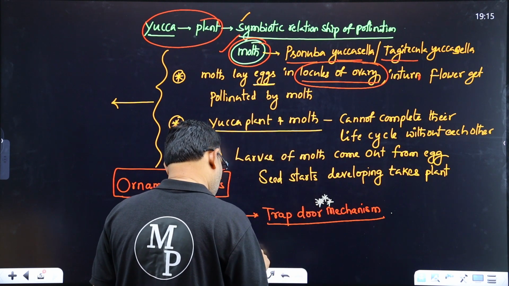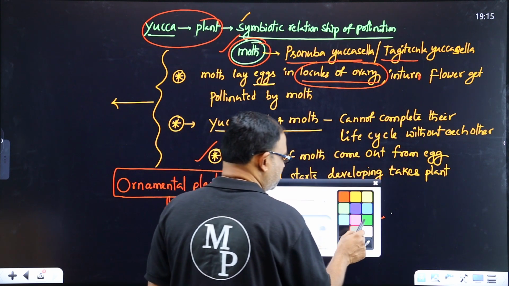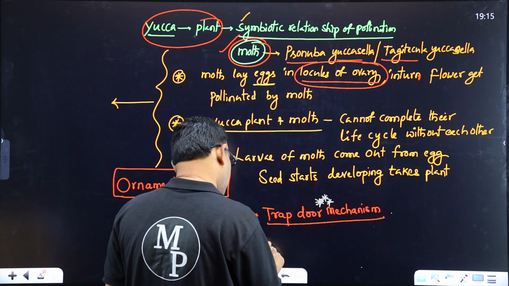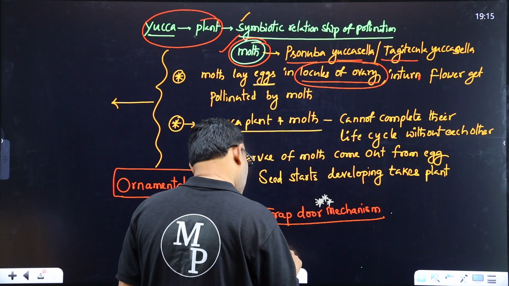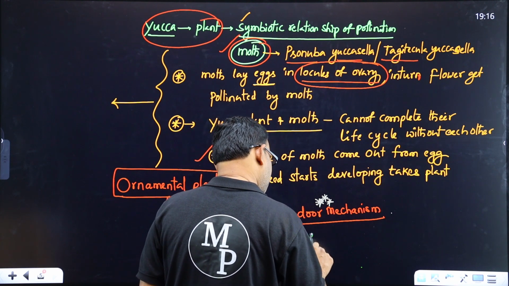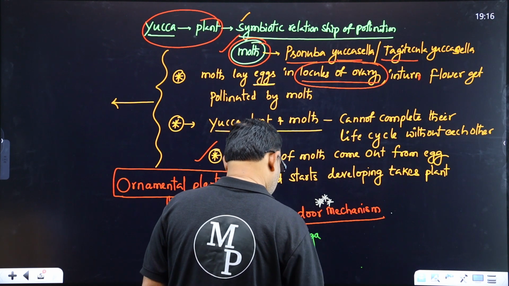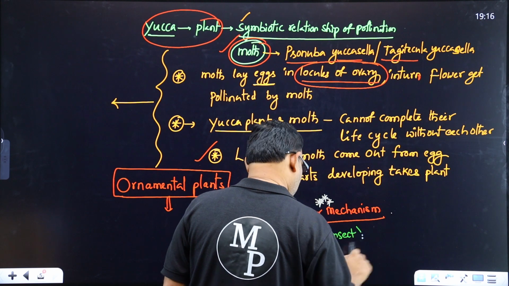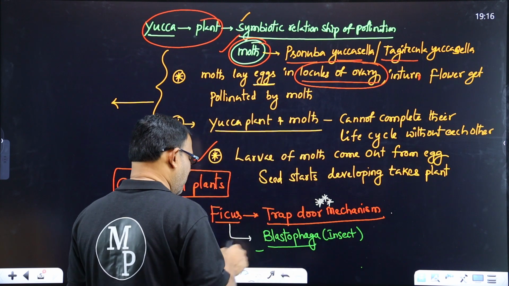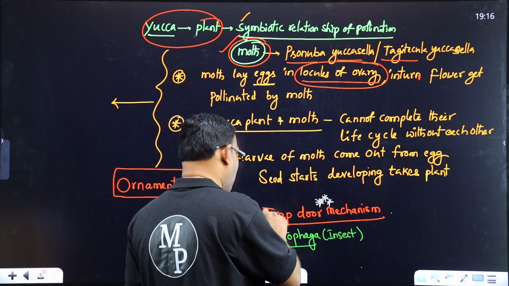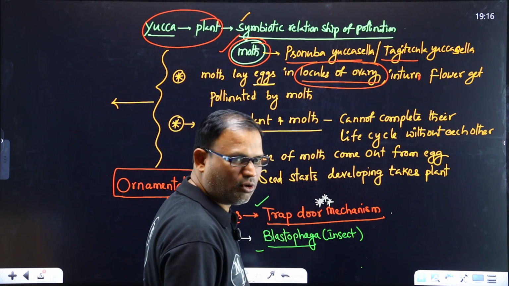In Ficus, one particular insect helps the pollination. The insect's name is Blastophaga. Blastophaga pollinates Ficus, but the pollination mechanism is the trapdoor mechanism.